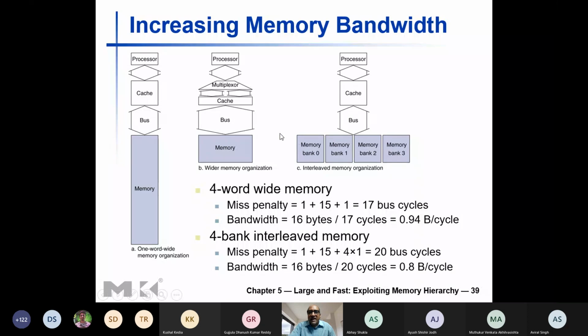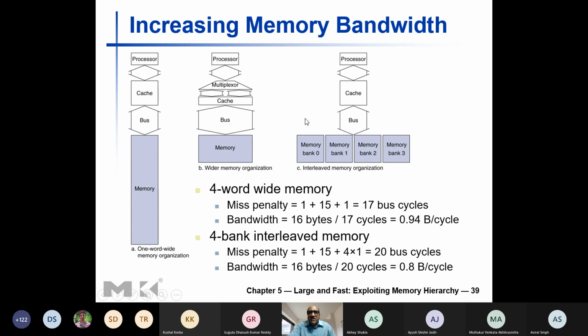All banks together can be accessed in a single access time of 15 cycles. But here the bus width equals only 1 word, so to transmit 4 words it requires 4 cycles. So the total is 20 bus cycles in this scenario, and the corresponding bandwidth follows from that.